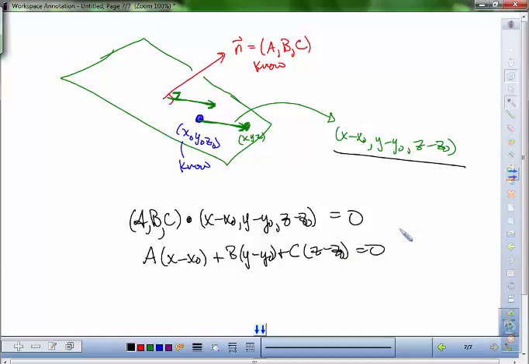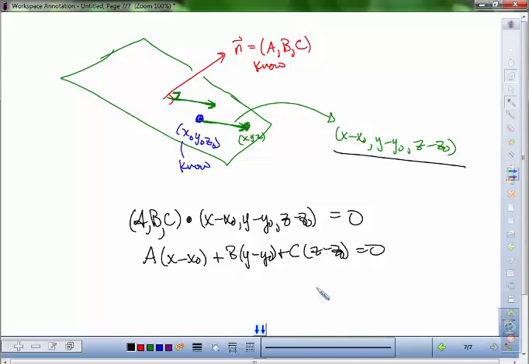So I started off with a bunch of things at the beginning of the domino, and now I took a dot product of 2 vectors and I get a scalar. So now we're looking at a scalar representation, a relationship between x, y, and z. You can leave it like this. This looks like an equation of a plane.